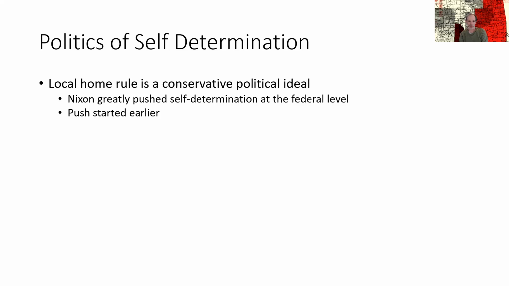So it's a very small c conservative way of thinking about politics. And it's Nixon, who's a Republican, who pushed self-determination at the federal level. Now, he wasn't the only one. It wasn't like he came up with this idea on his own, but Nixon, a Republican, started this, or moved it forward by quite a lot, and started earlier, right?